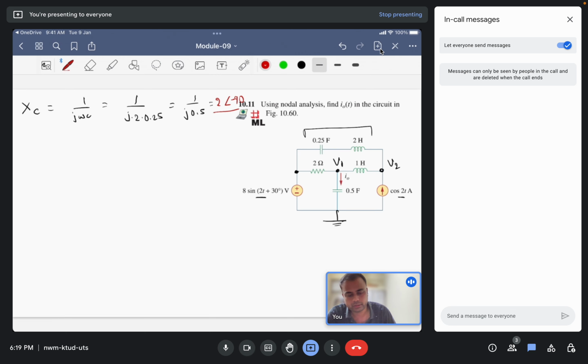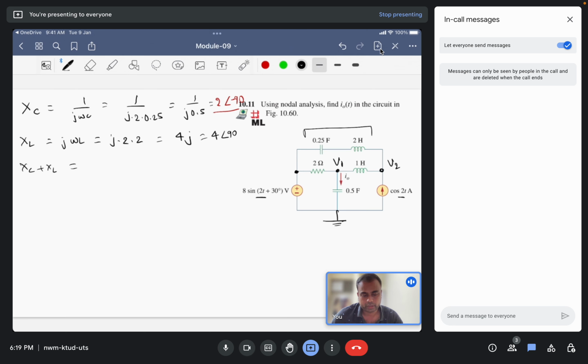Similarly, I have to write for XL. This will be j omega L, that is j times omega is 2 and L is given 2. So this is simply 4j, and 4j means 4 angle 90. The sum will be XC plus XL since these 2 are in series.